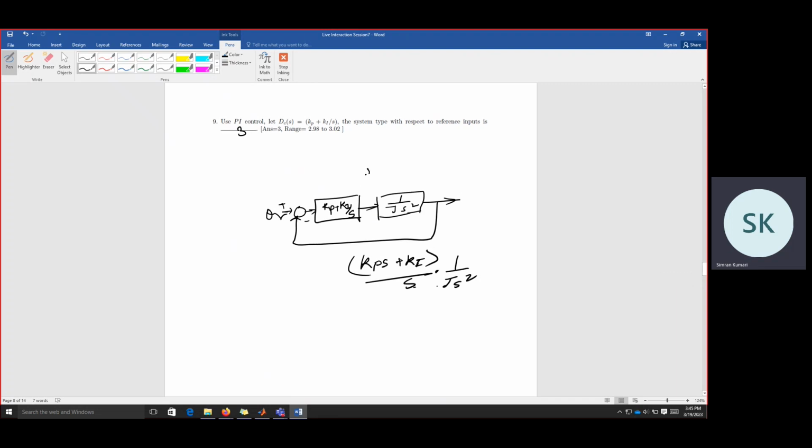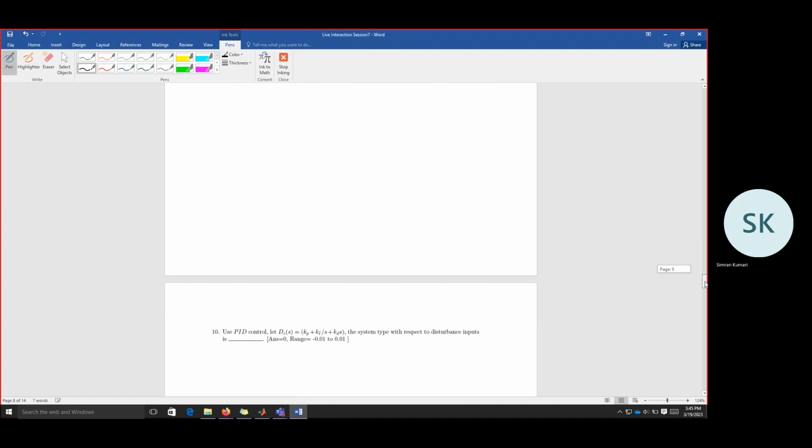Since this is 1 by s³, if a parabolic input, that is K by s³, is applied, the system will try to follow it. It will follow this input without any error.